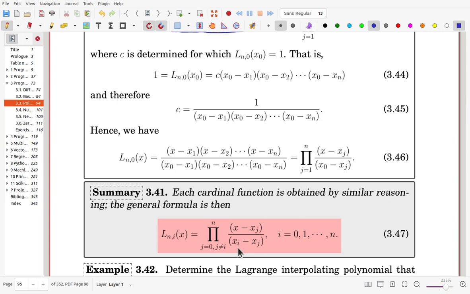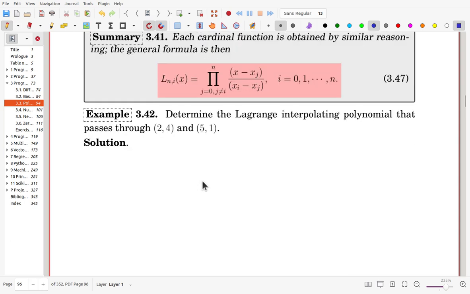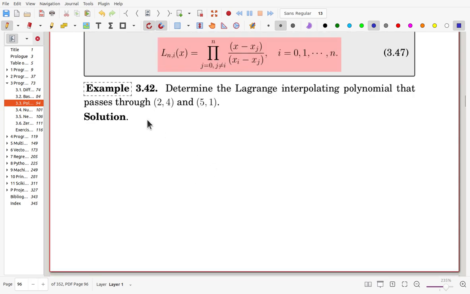Okay, let's try to solve some problems, examples. Now determine the Lagrange interpolating polynomial that passes through (2, 4) and (5, 1).